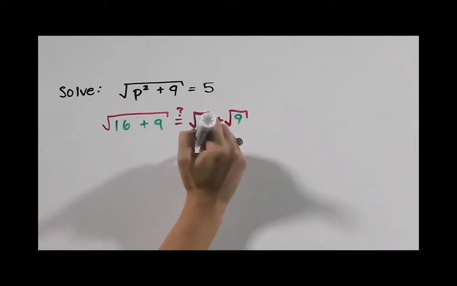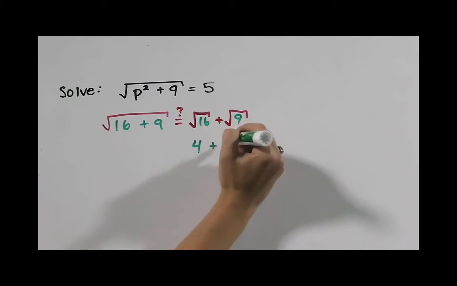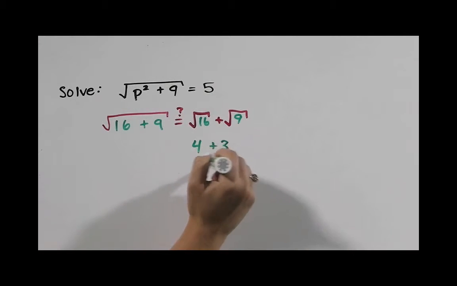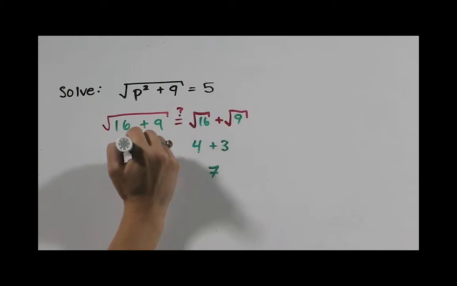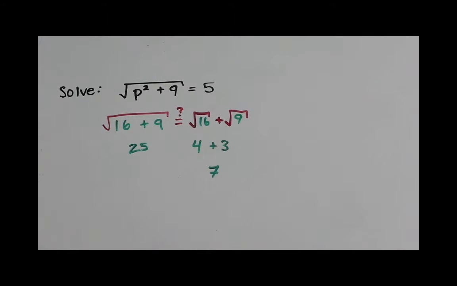The square root of 16 is 4, and the square root of 9 is 3. Altogether, this equals 7. But on this side, 16 plus 9 is 25, and the square root of that is 5.